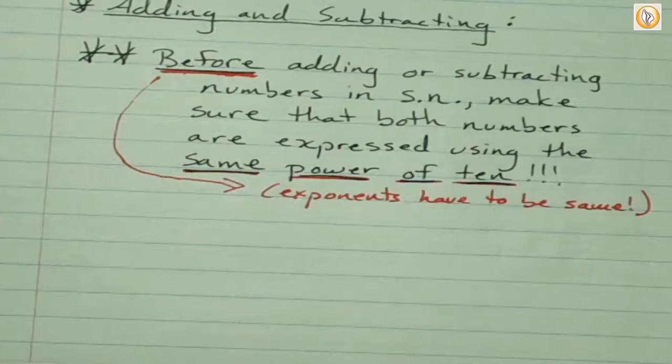You underline what I underlined. You put what I put in parentheses. So before we do anything, we got to make sure the exponents are the same. If not, then we need to make some adjustments, and that's where things get hairy.